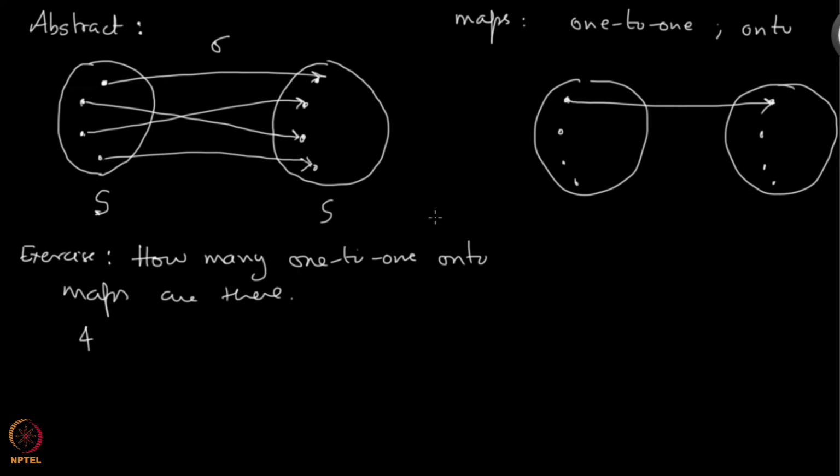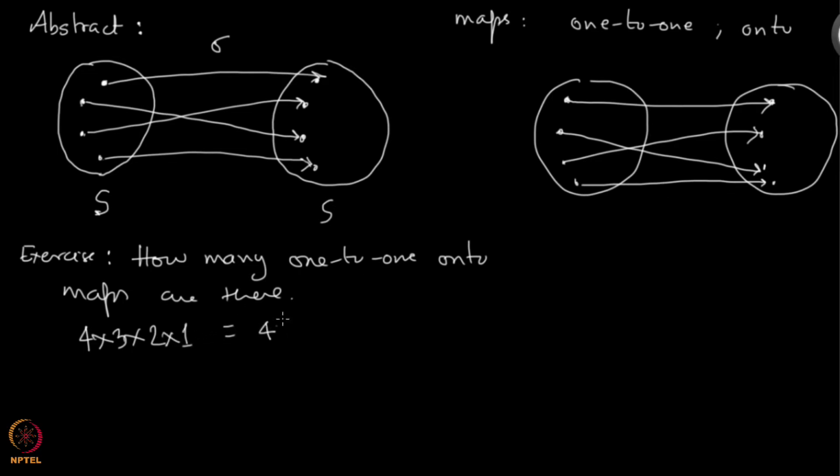You take one of them, then this one could go to any of the remaining 3. So, there are 3 possibilities on top of those first 4. Then this one could go to any of the remaining 2. Let us say this goes to that one. And then there is only one possibility left, which is this. So, this one has only one possibility, and that makes 4 factorial. So, there are 4 factorial maps.